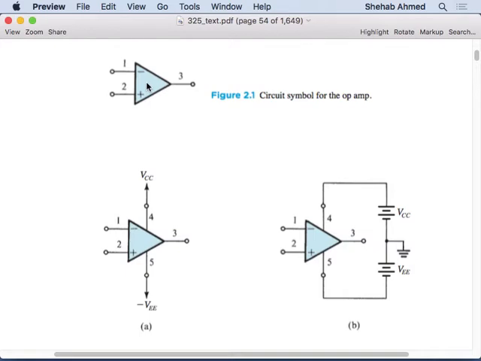The other special terminals that we will look at later in the chapter are frequency compensation terminals and offset nulling terminals. What does this mean? Remember, we said that the op-amp is an amplifier. What's the bandwidth of an ideal amplifier from last chapter?